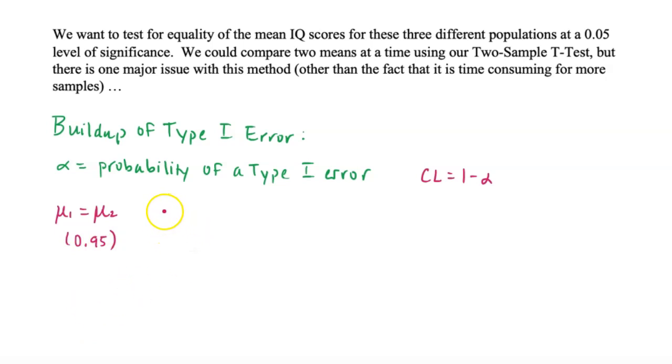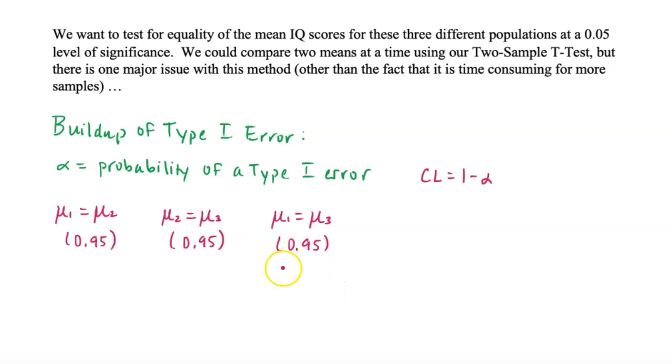Well, that also means that if I'm comparing means 2 and 3, then I also have a confidence level of 0.95 with that level of significance of 0.05. And now if I'm comparing mean 1 with mean 3, again, confidence level of 0.95.